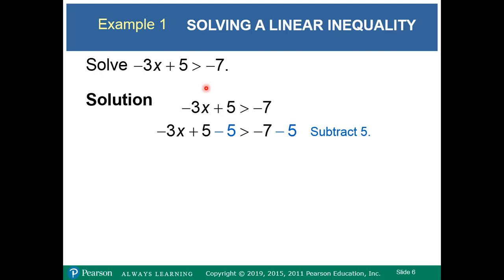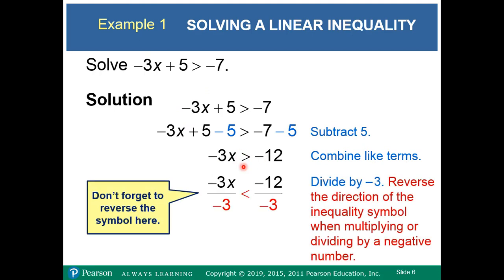That gives us negative 3x is less than negative 12. Then we're going to divide by negative 3, but remember, we're dividing by a negative number, so we flip the sign to a less than sign. So this becomes x is less than 4.